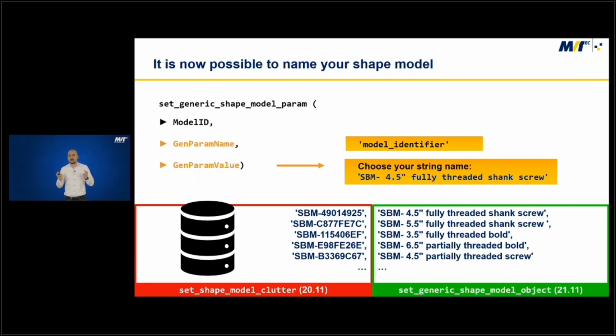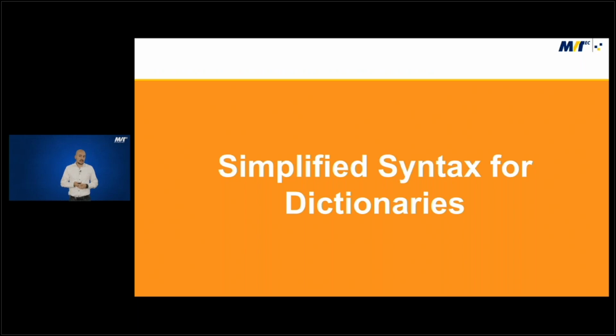Before this, the naming of the shape-based model was quite cryptic, as you can see on the left. With HALCON 2111, we allow you to set a model identifier, which allows you to set any given name you want to identify your shape model in a later process. So that's it for generic shape matching.